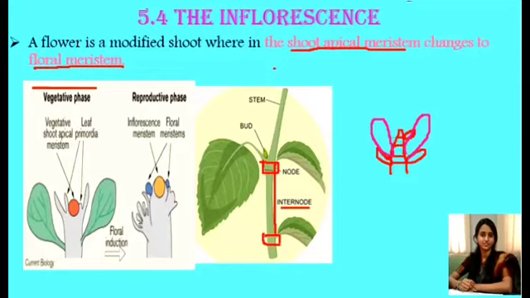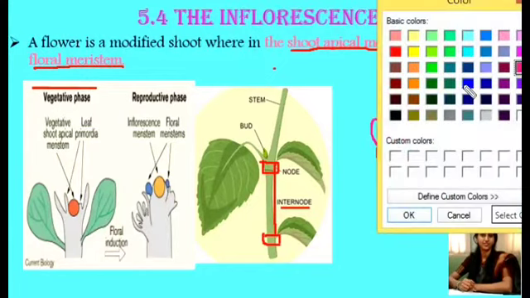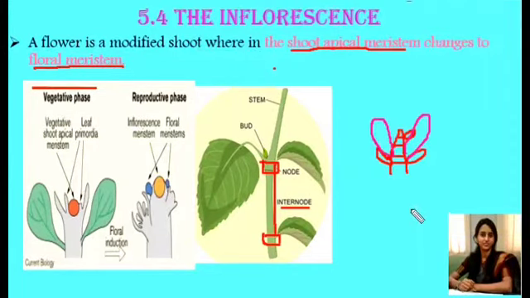From the successive node, the male reproductive organs, that is the androecium, may develop.